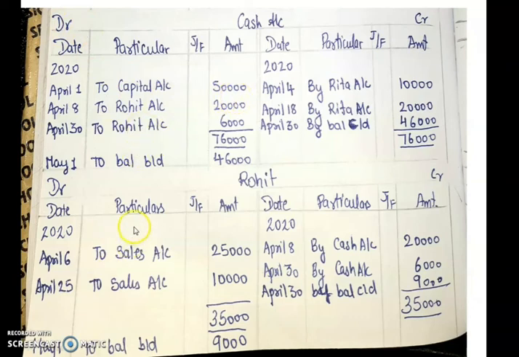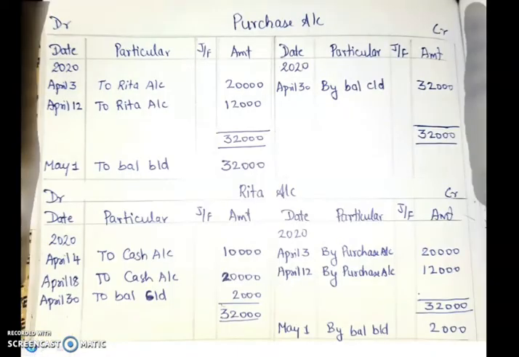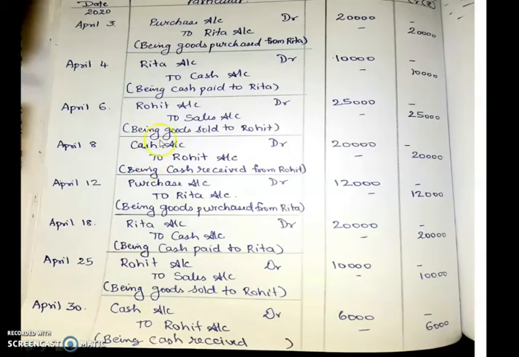A simple way to understand posting of this is, on the debit side we will have all the "To" entries. So wherever you have written "To" in your journal entry, you can see here there is cash account to Rohit. Again here on April 30th there is cash account to Rohit. So all those cases where "To" is there, you will show it on the debit side.